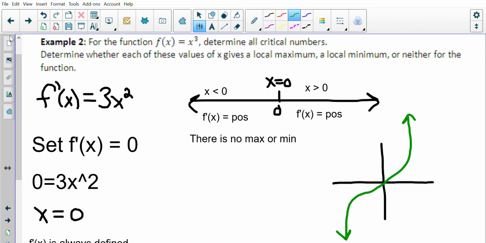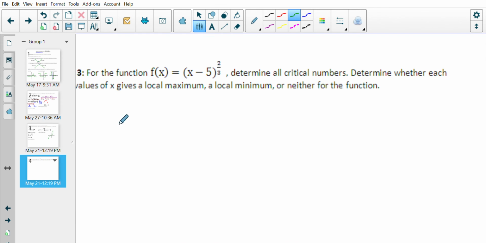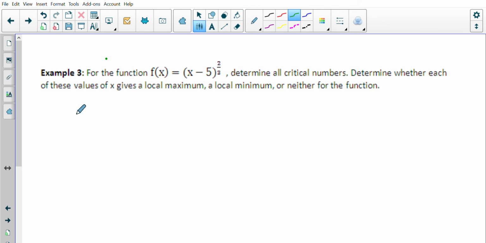All right, next up. For the function f of x is equal to x minus 5 to the power of 2/3, determine all critical numbers and determine whether each of the values, same thing as usual, gives a max or a min, or if they don't happen, they don't happen. So I'm going to take the derivative once again.